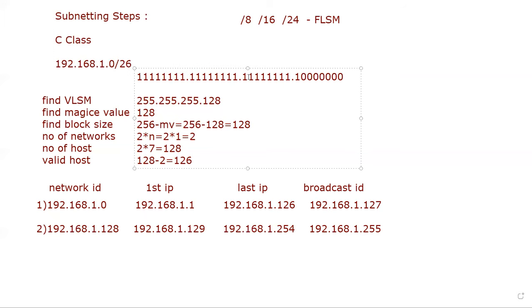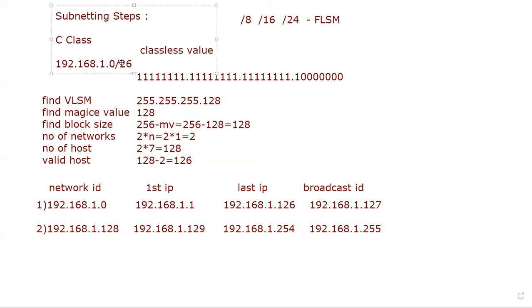One more thing I want to say: if we are using A class, B class, C class, these values are classless. /26 is a classless value, because 8, 16 and 24 are the class boundaries. If you are using /26 with C class, you have to solve it like this. Even in class A, like 10.0.0.0/26, you have to solve it with this same subnet mask. Okay, I will explain it in /27.